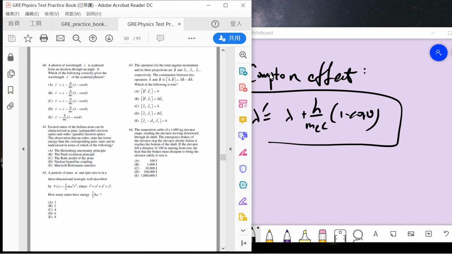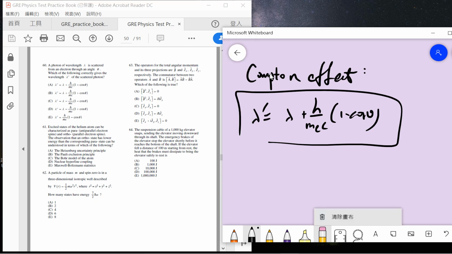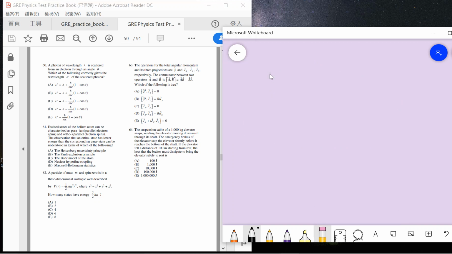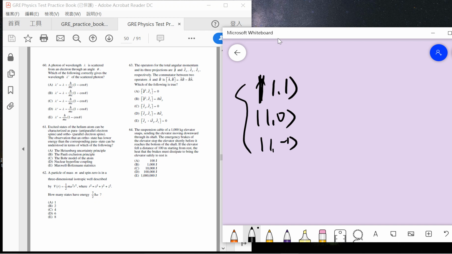Okay, number 61 asks about the excited state of helium and how to determine this, basically on which kind of principle. This is also physics common sense. Since you have 2 electrons, you have the total spin 1 states and the total spin 0 states. You have 2 kinds of states.